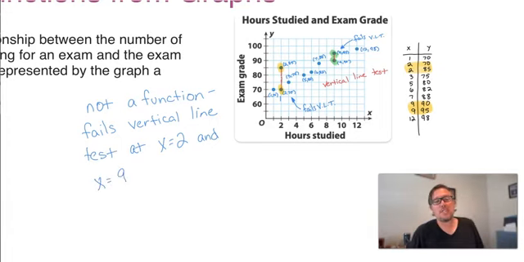We don't need 2 different spots where it fails. If it fails once, it's not a function, but this one just happens to fail twice, so let's include both of them in our answer. It fails at x equals 2, and it fails at x equals 9. If it just failed at one spot, it's not a function, but let's make our answer as complete as possible and say, hey, it fails twice, at x equals 2 and at x equals 9. Either one of those prevents it from being a function, so this is really not a function.